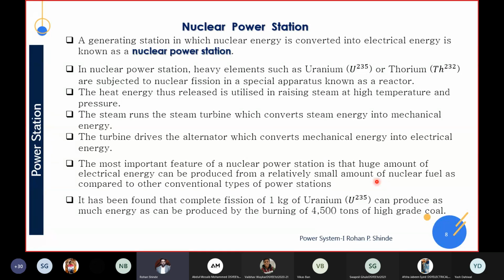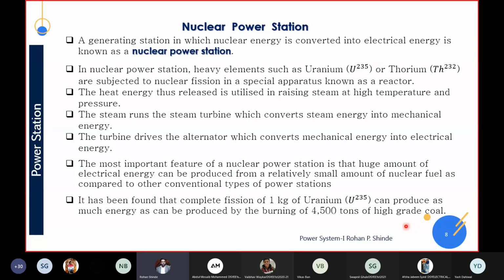That means see here, there is a comparison between a coal based power plant and a nuclear power plant. Now see here, if we burn 4,500 tons of high grade coal, that means bituminous, which has a high calorific value.